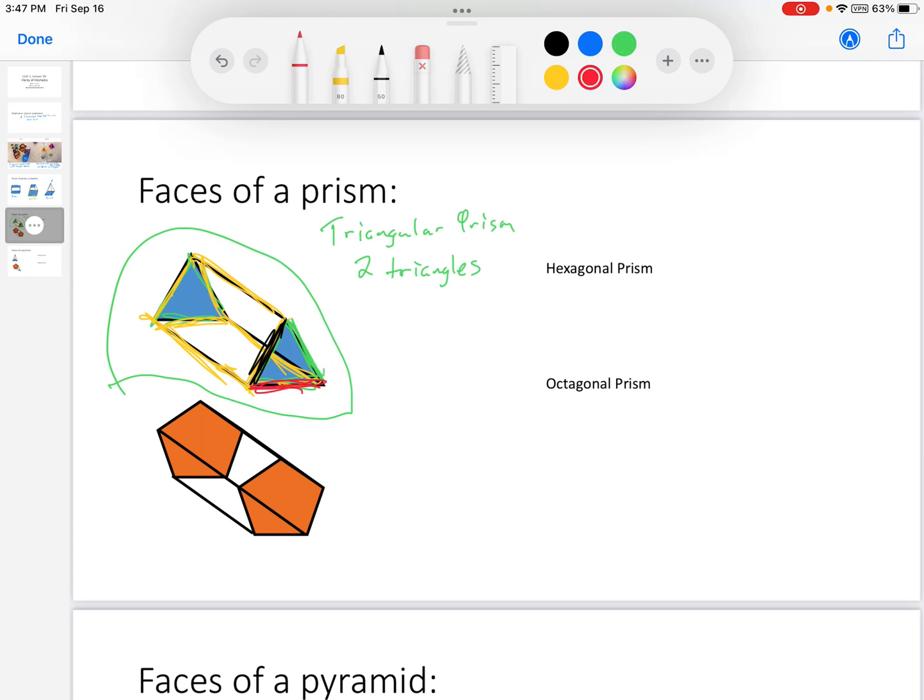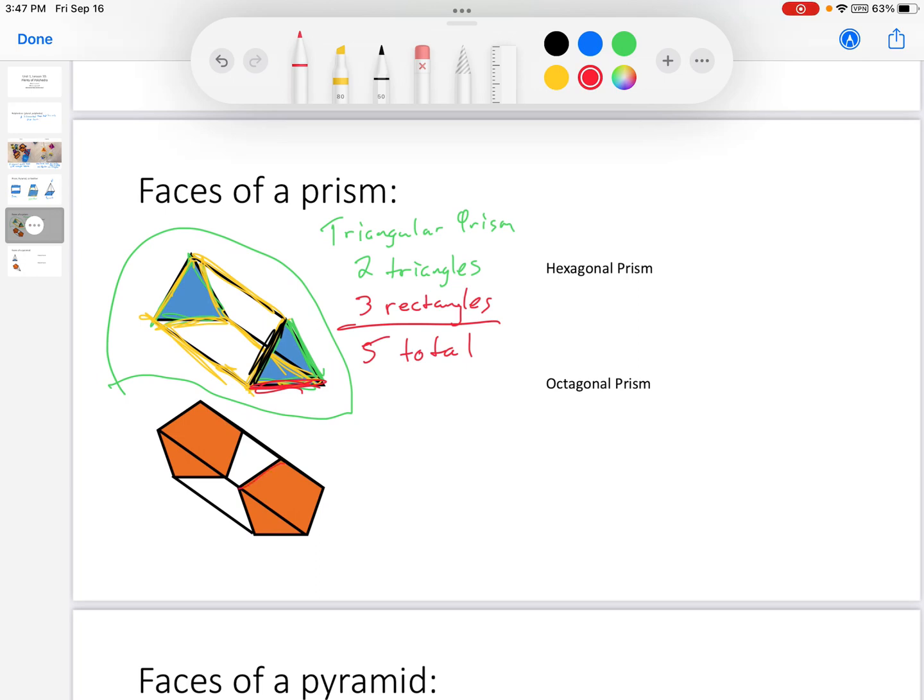A triangle has three sides, therefore a triangular prism has three rectangles, one for each side of the triangle. So what's that? That means there are 5 total. 2 triangles, 3 rectangles, 2 plus 3 makes 5 total. And that's the triangular prism.